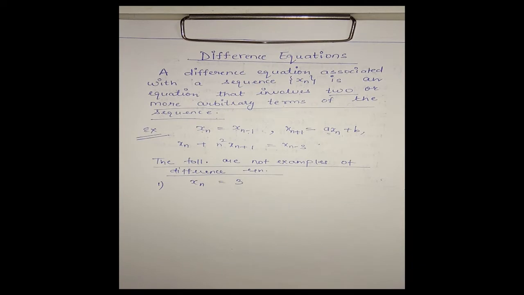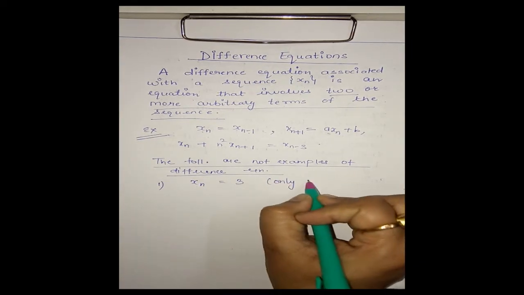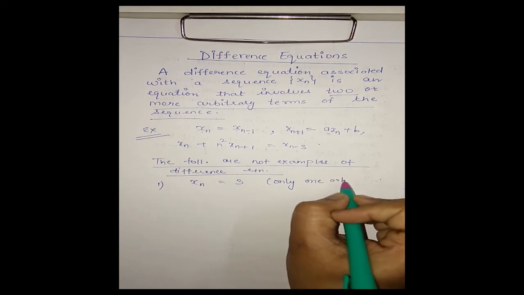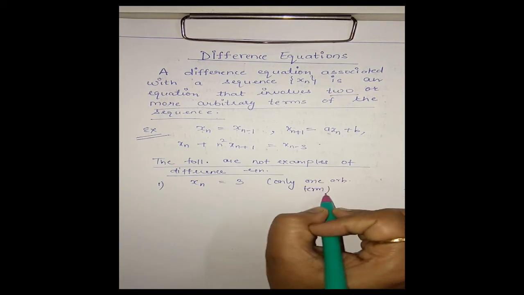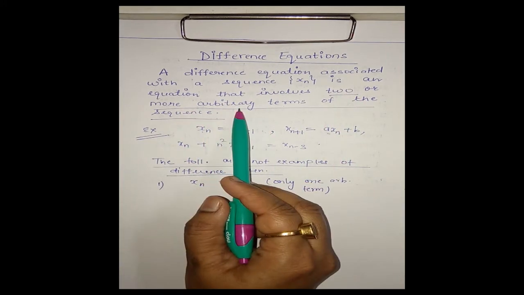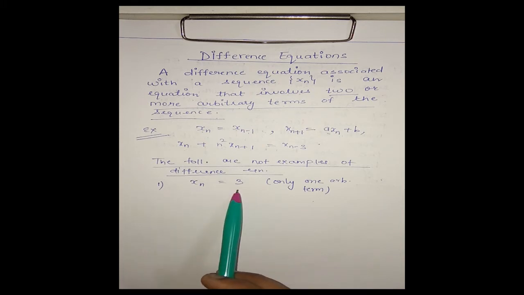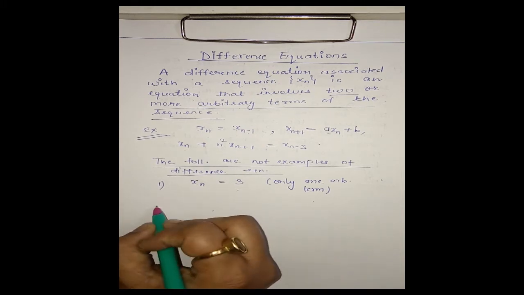It is not a difference equation since it has only one arbitrary term. For an equation to be a difference equation, we need two or more arbitrary terms. But here we have only one arbitrary term. So it is not a difference equation.